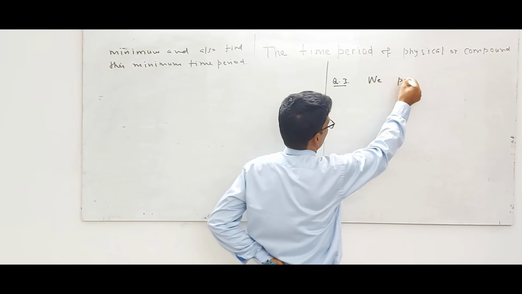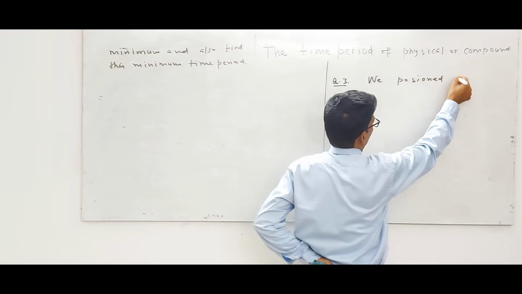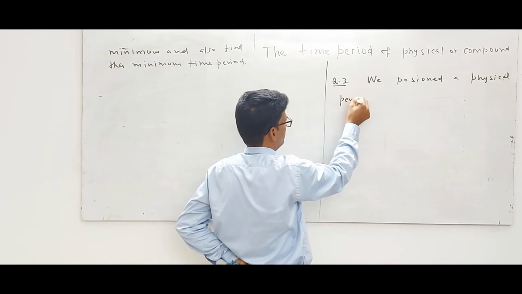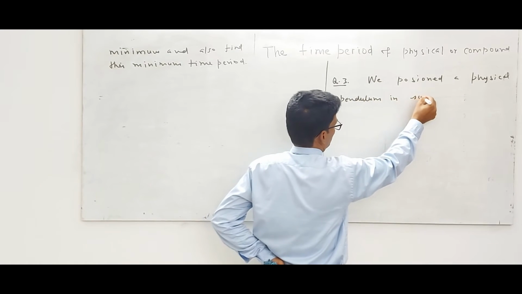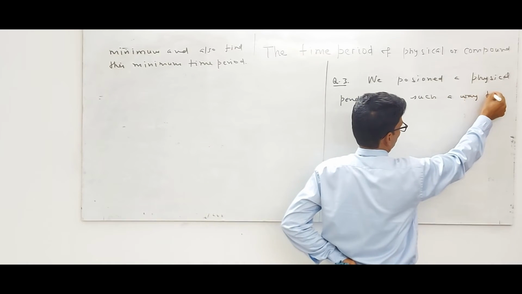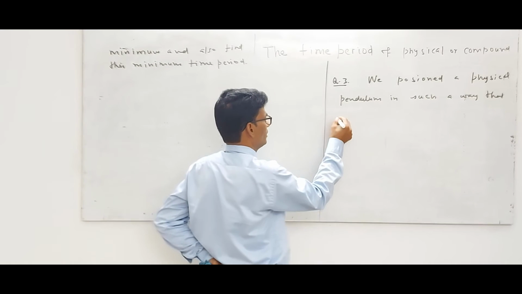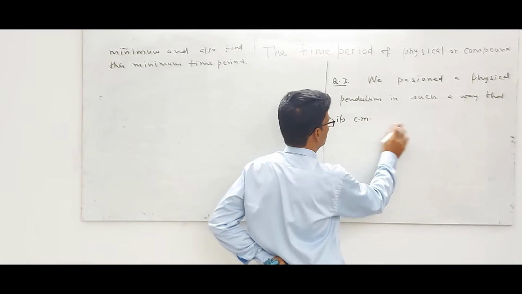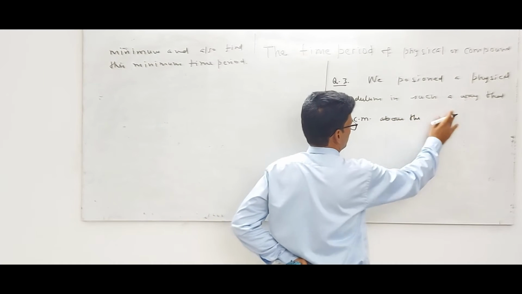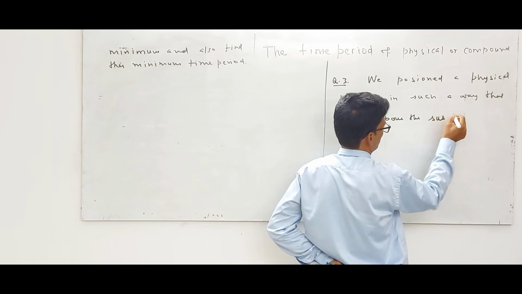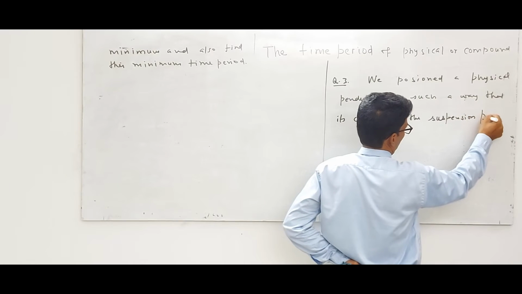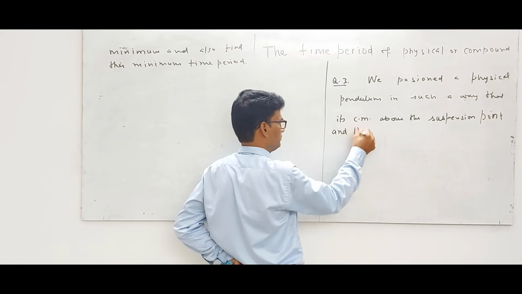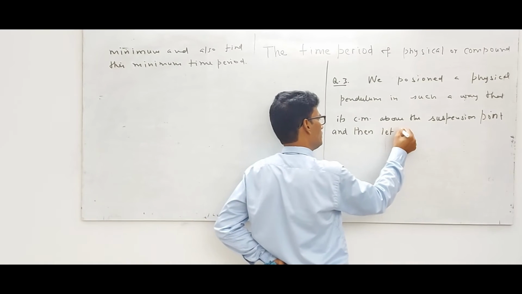We positioned a physical pendulum in such a way that its center of mass or center of gravity is above the suspension point, above the suspension point, and then let it go.